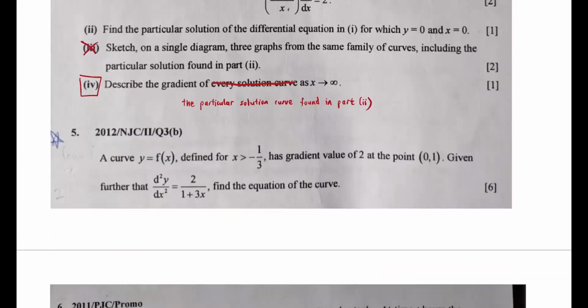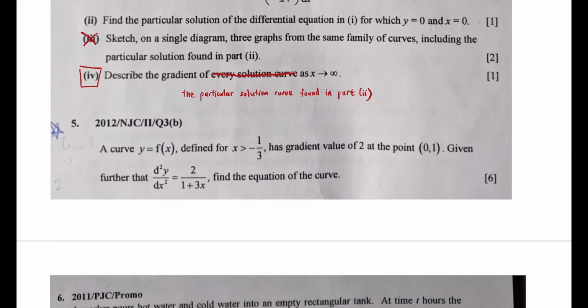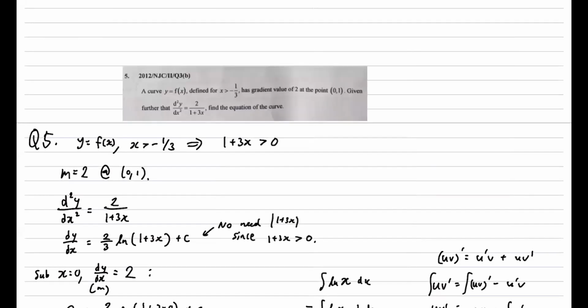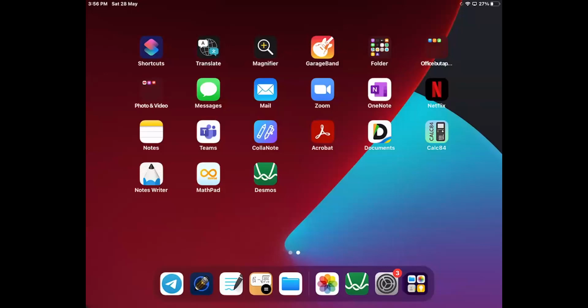Question 5. Let me copy the question. Okay, a curve y equals f of x. Oops, sorry, my iPad just hanged. I'm not sure what's going on. Sorry, give me a moment.